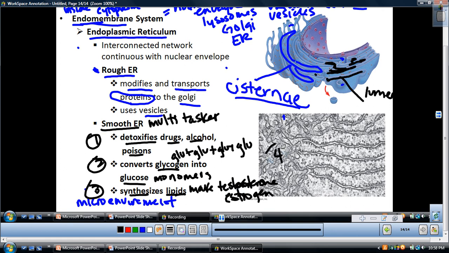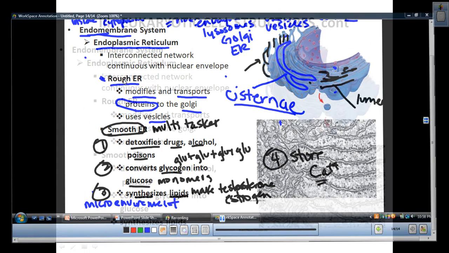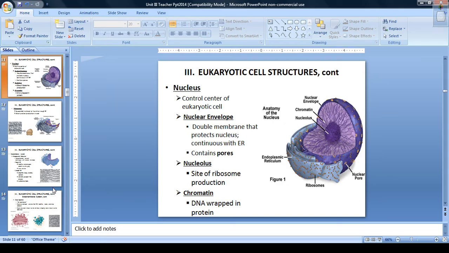And there's actually a fourth function that's not listed down here, and it's to store calcium ions. Calcium is an ion that we need for proper bone growth and muscle contraction, and the smooth ER's job is to store calcium ions. So look at where it is up here on the diagram. It still has cisternae and still has lumen, but not ribosomes. There are no ribosomes on it, which is what makes it smooth ER.